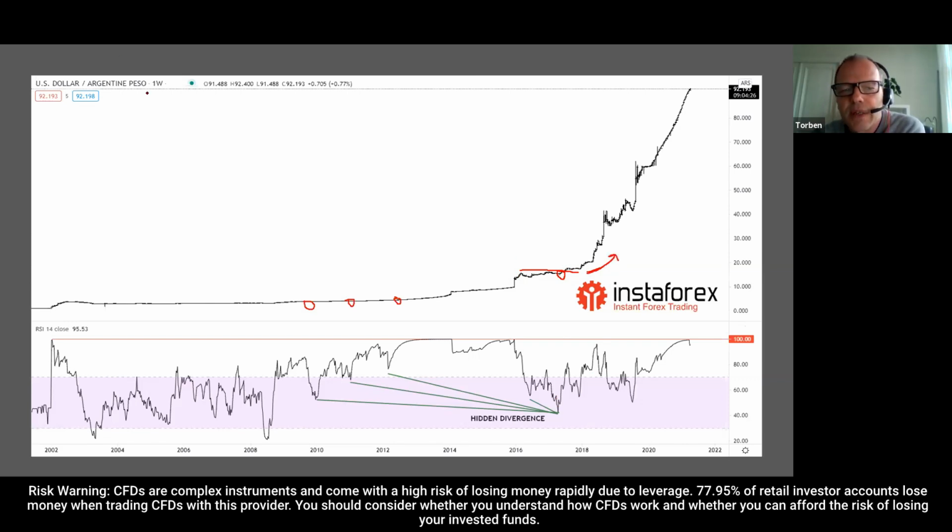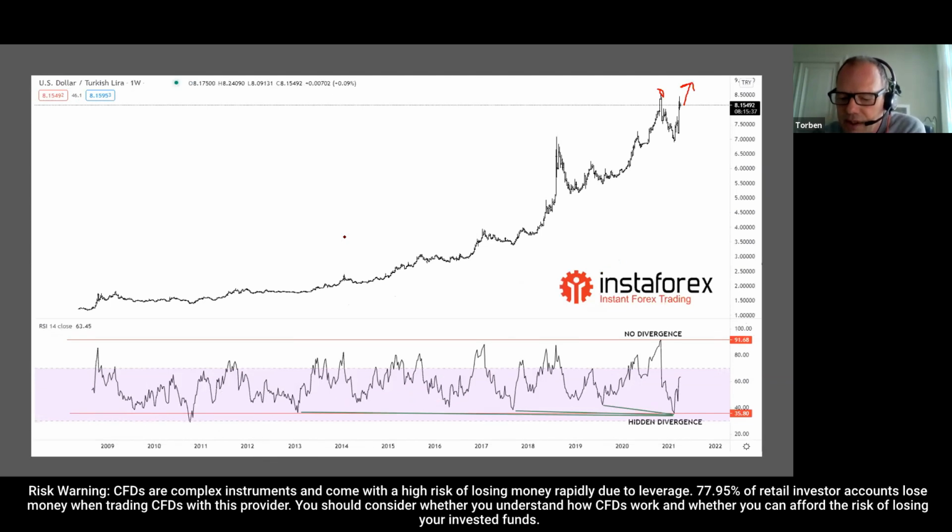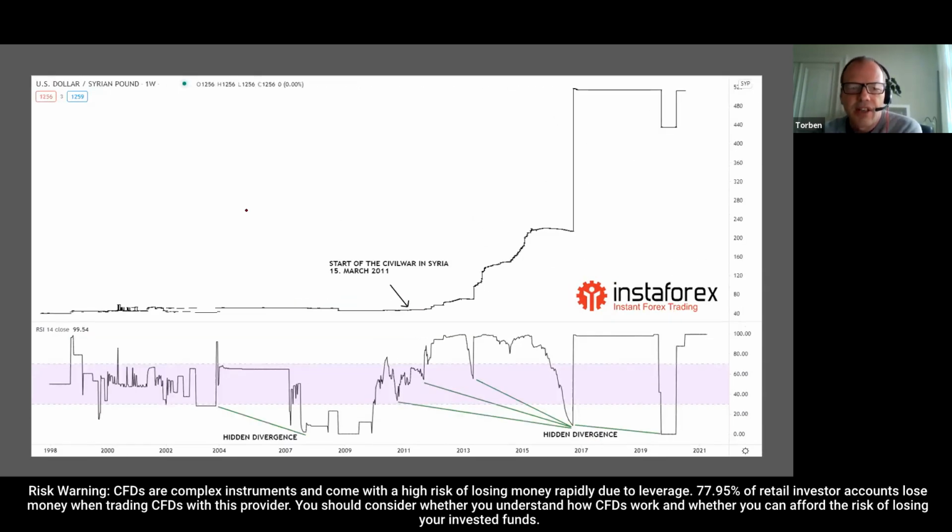So a much weaker Argentinian peso and a stronger US dollar, just the same as we have seen over here. And taking this one, and this is extreme, I know, but still, we have the US dollar with the Syrian pound. And see here, this is a low, and here we had a low again.